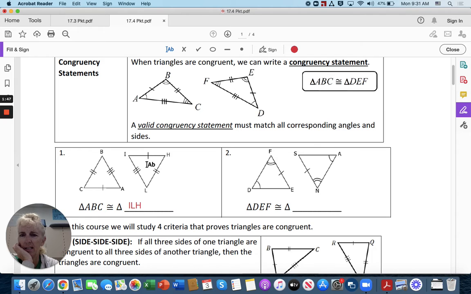So it's like taking this triangle and turning it counterclockwise over to here.